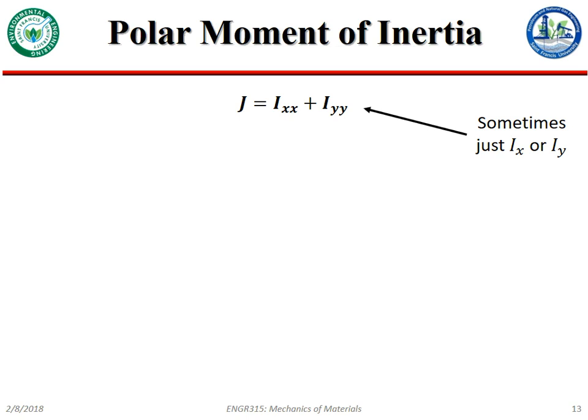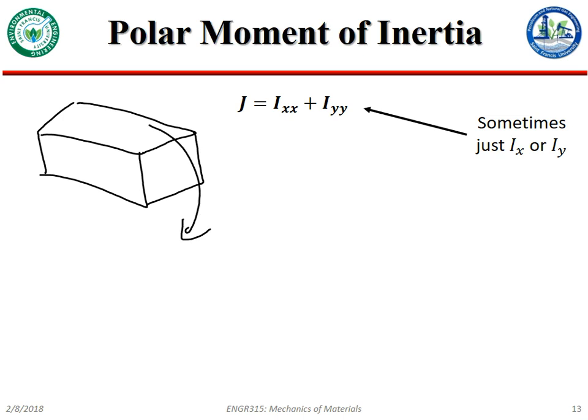So if I had a brick and I bent it like that, say that I'll draw some coordinates on this. Call this Y, call this X, call this C. Okay.